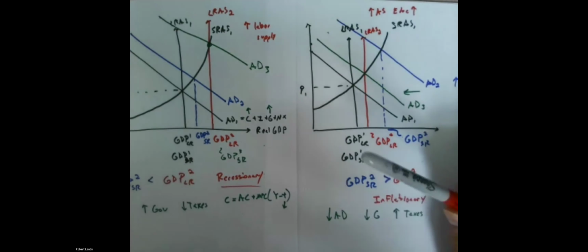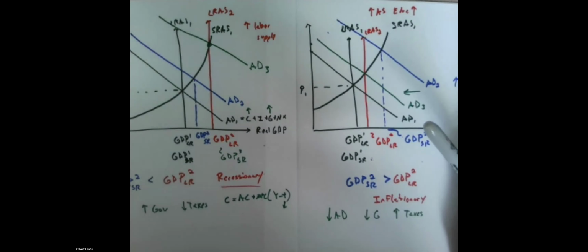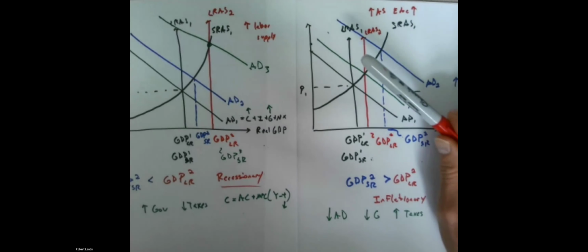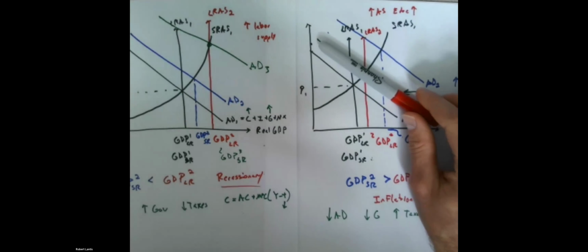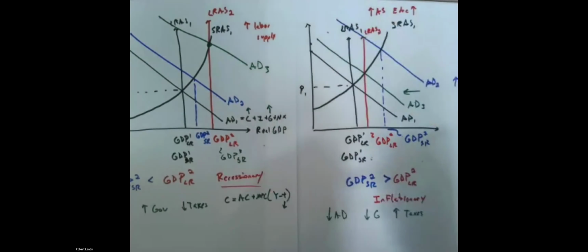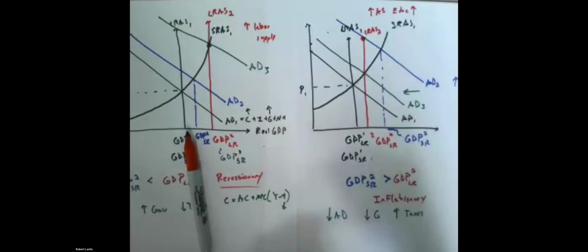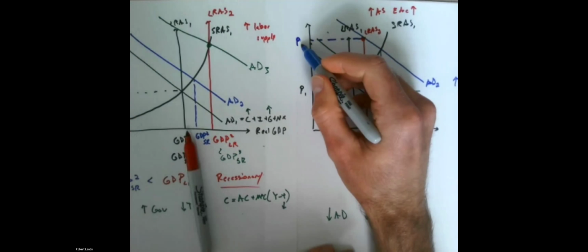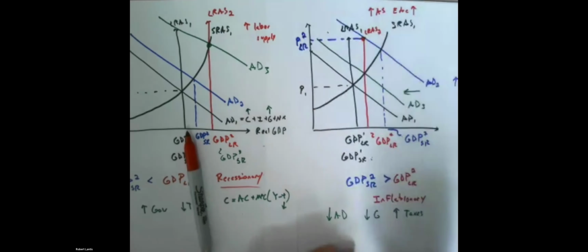Notice if we only had that initial aggregate demand change, what would occur is short run aggregate supply would actually adjust, such that our new equilibrium prices would have been up here.